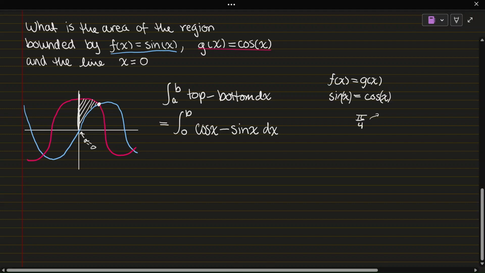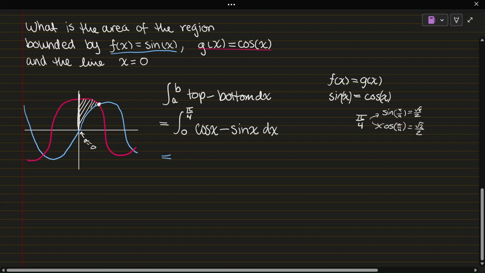So pi over 4 means that sine is root 2 over 2, and cosine of pi over 4 is also root 2 over 2. So they're equal. And now I know that this b is pi over 4, so I can compute my integral.